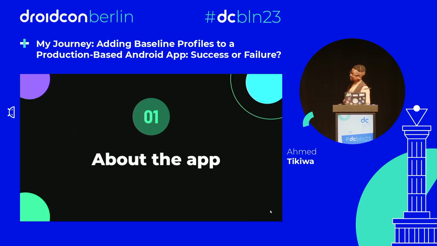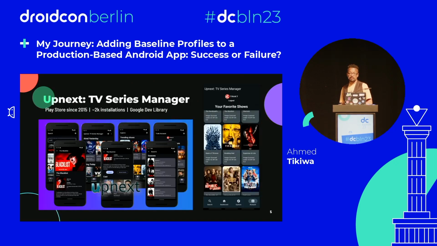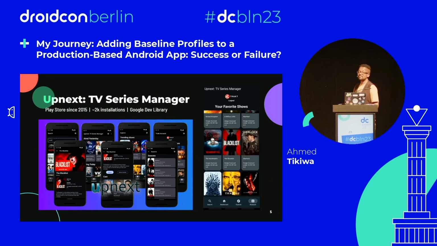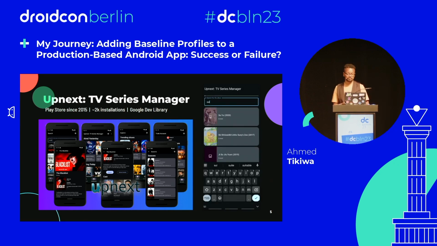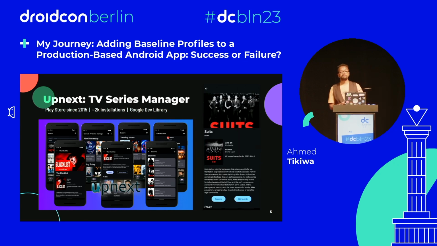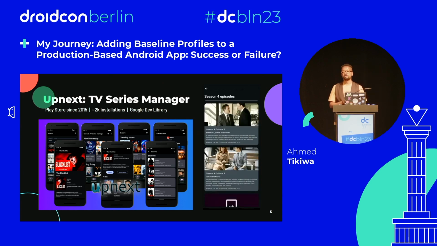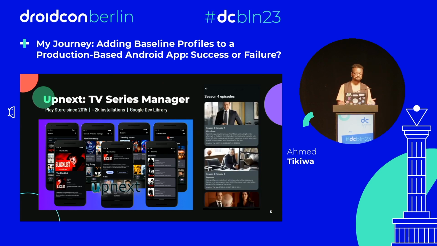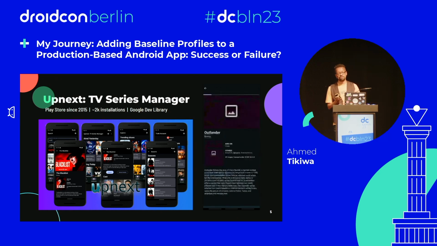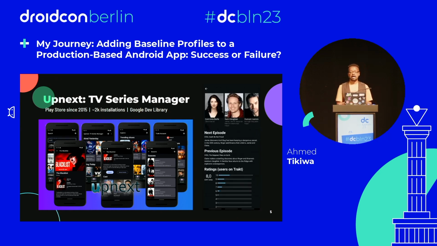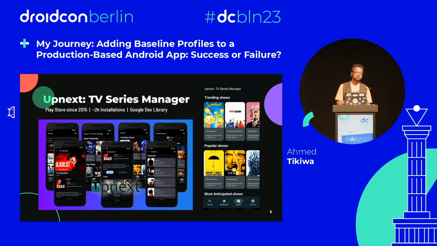So, about the app. The app is UpNext TV Series Manager, which is an app that has been in production since 2015 and available for download on the Google Play Store since then. To date, it is about 2,000 installations. I also made the code open source, and it is part of the Google Dev Library.